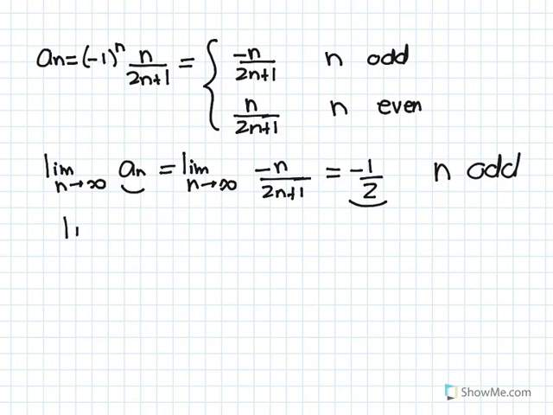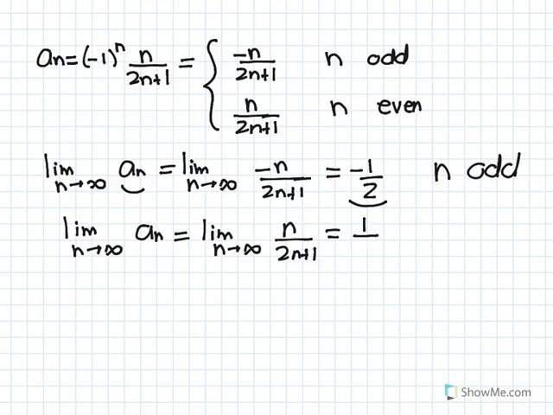Now let's take the limit as n goes to infinity of an when n is an even integer. This is equal to the limit as n goes to infinity of n divided by 2n plus 1. This gives us 1/2, dividing by the highest power and taking a limit. So we get 1/2 as the limit of the nth term when n is even.